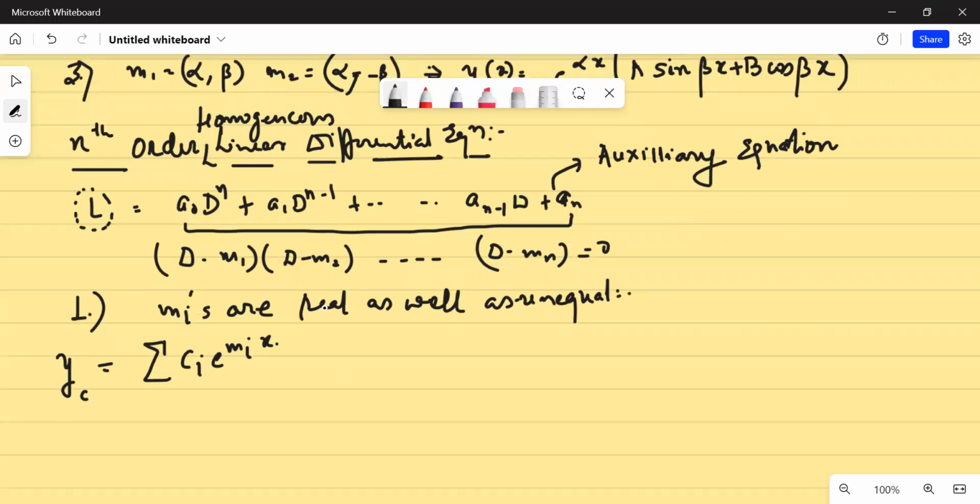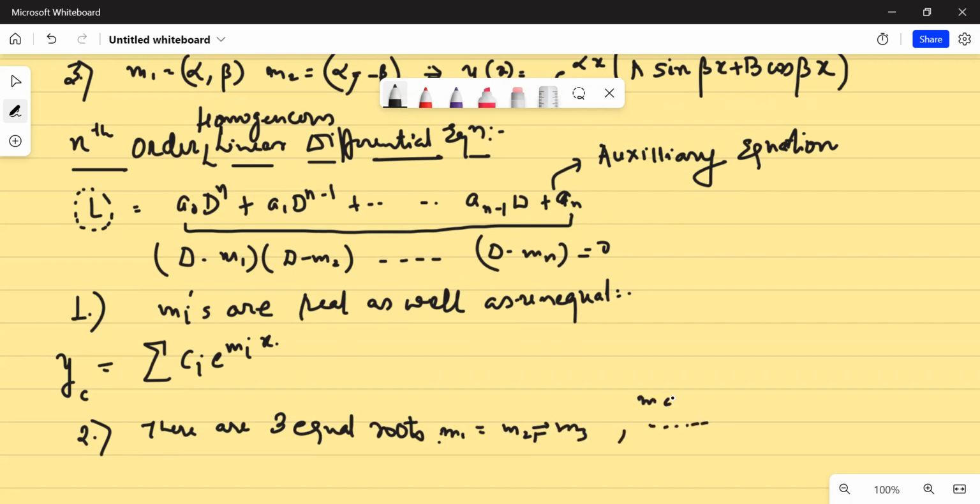And further as I move, let's say there are 3 equal roots, for instance, or n minus an equal root. Just giving you an example, let's say there are 3 equal roots: m1 is equal to m2 and is equal to m3, and all other roots, like m4, m5 and so on, are unequal.